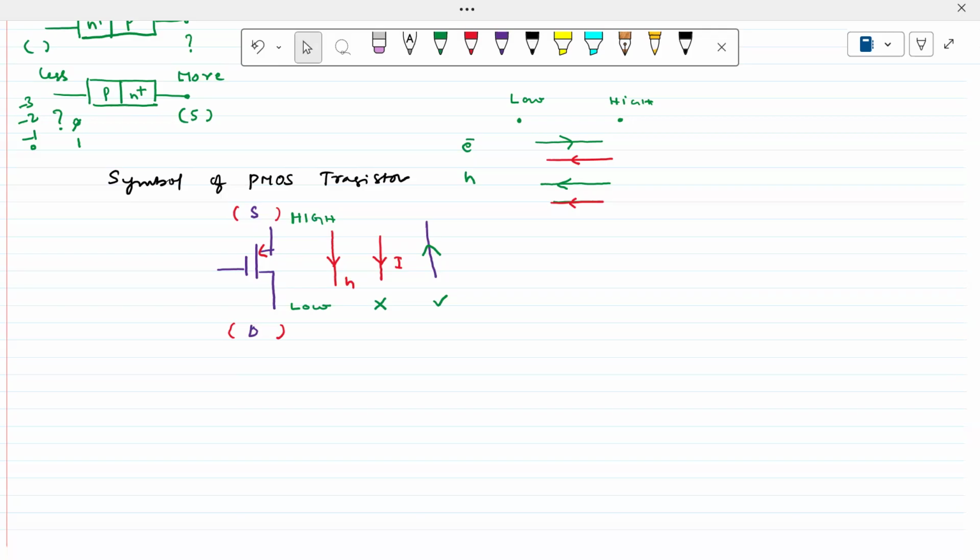Then immediately you have to pick that this is at a high potential, and this is at a low potential. So you should say, since it is a PMOS transistor, high potential is at the source, low potential is at the drain. Is this point clear to everyone?